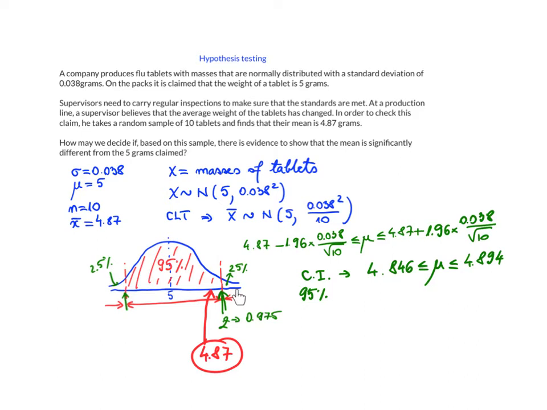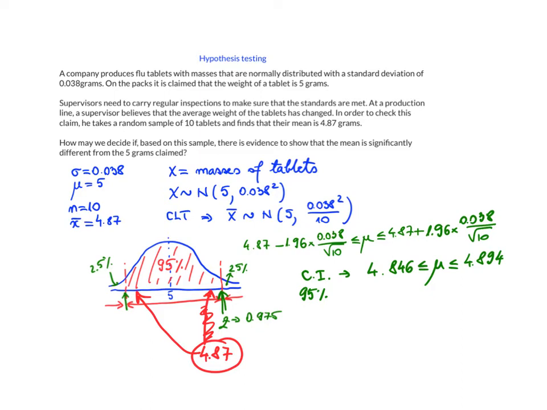If my sample mean would have been here or here, outside, or actually, 4.87 cannot be here, it needs to be on the other side because it's smaller than the mean. So it's somewhere here. It's still within the 95% confidence interval.